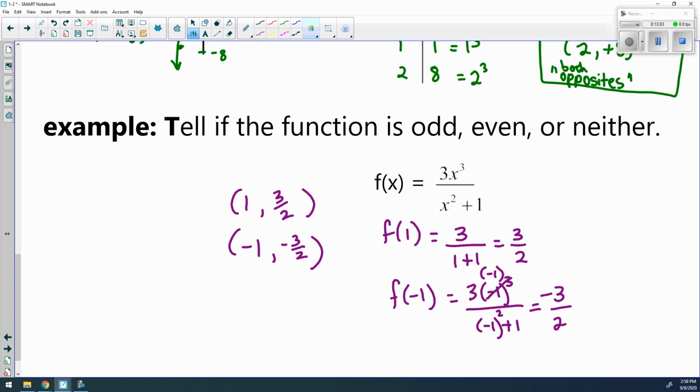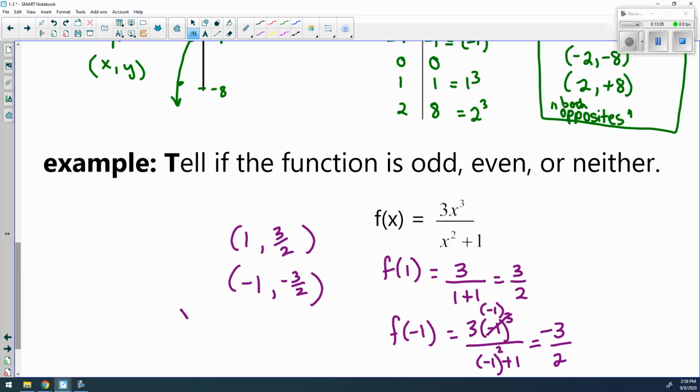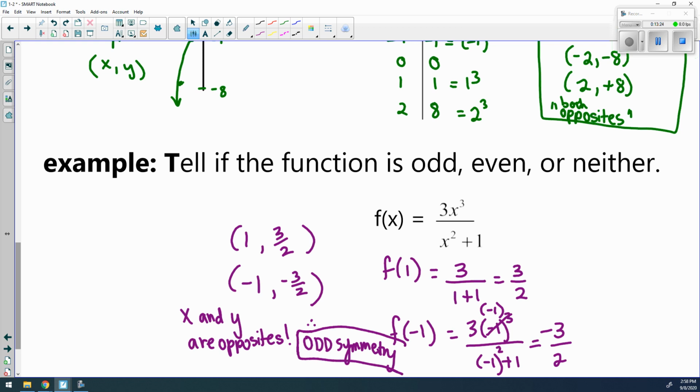Okay, notice that both my x's and my y's are opposites on both accounts, on both the x side and the y side. Therefore, this function has odd symmetry. We would say that this is a situation where we have odd symmetry.